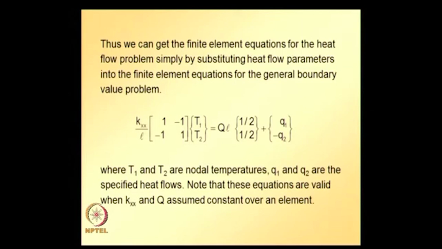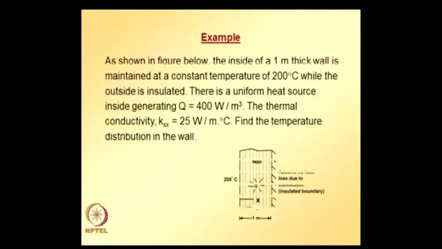Now, to get more understanding, let us take an example and solve it. As shown in the figure below, the inside of a 1 meter thick wall is maintained at a constant temperature of 200 degrees centigrade, while the outside is insulated.